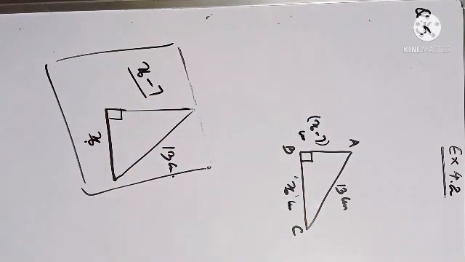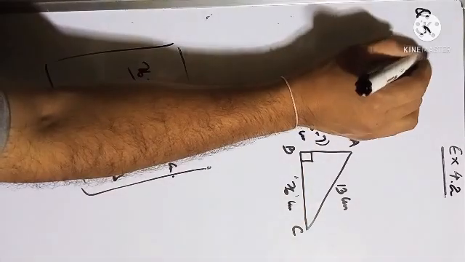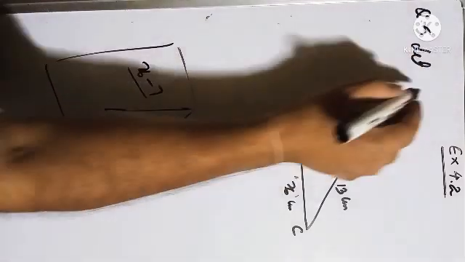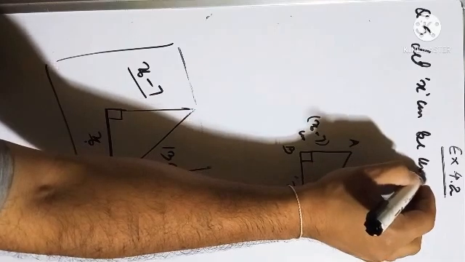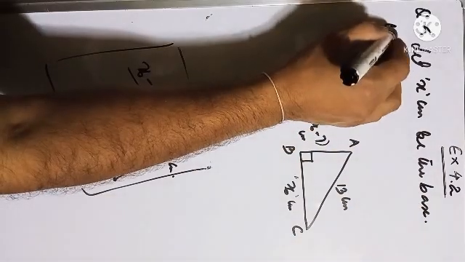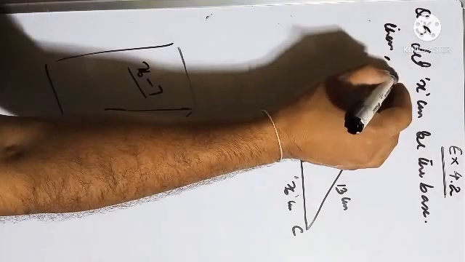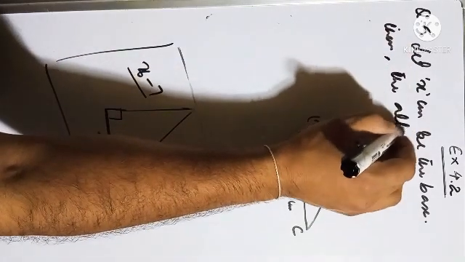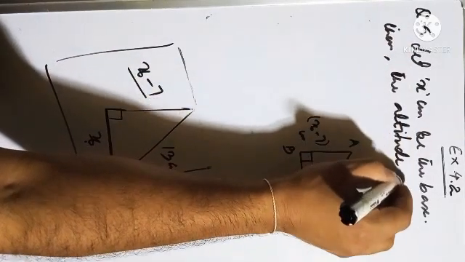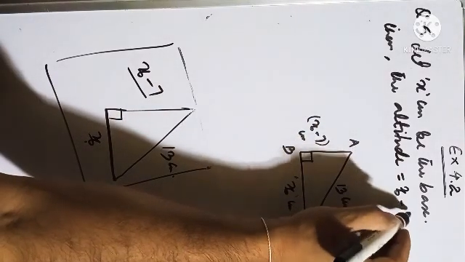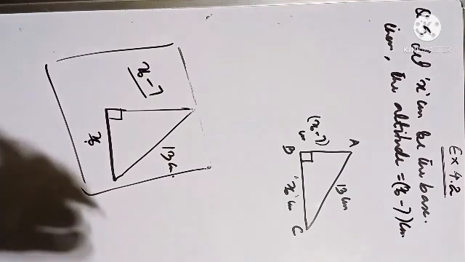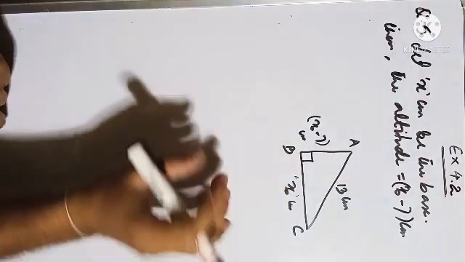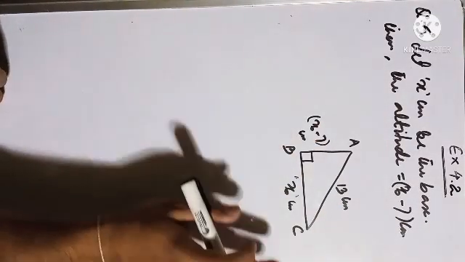Let me write here, no space. So let x centimeter be the base, then the altitude equal to x minus 7 centimeter. You can draw this figure here, but for me no space.